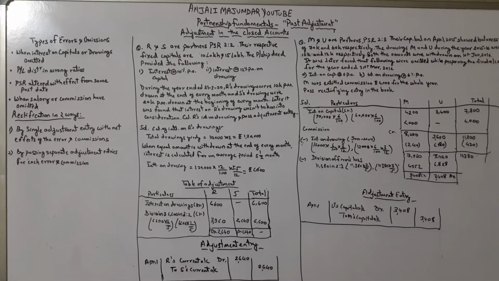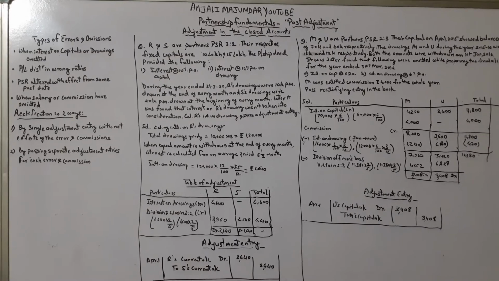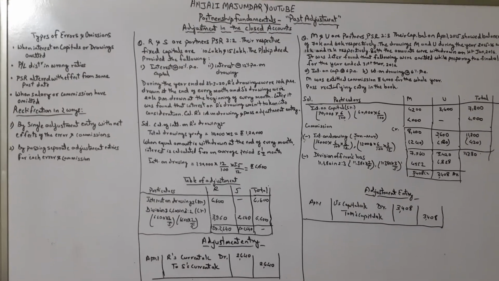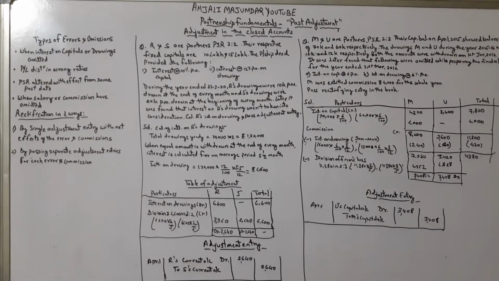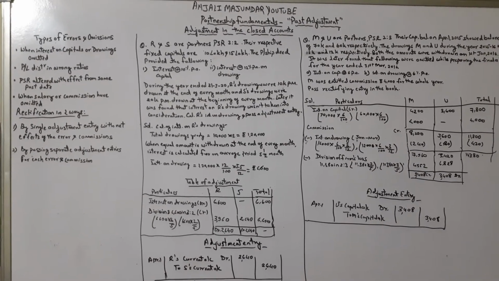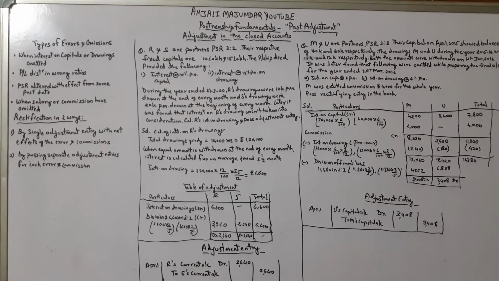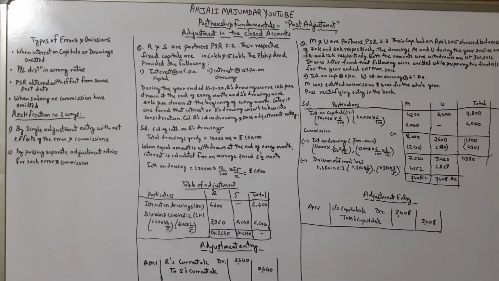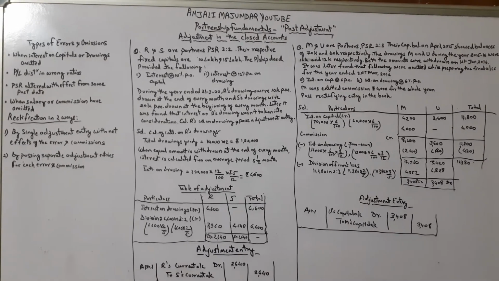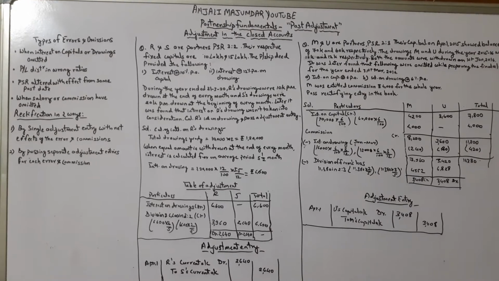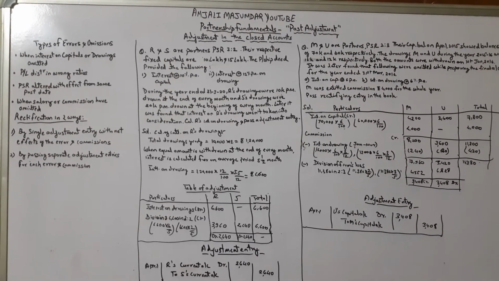Partnership accounting says you have only two ways to rectify these mistakes. The first is by passing a single adjustment entry with the net effect of errors and omissions, and the second is by passing separate adjustment entries for each error and omission. In this video we will focus on the first type, that is, passing a single adjustment entry with the net effect of the errors and omissions.